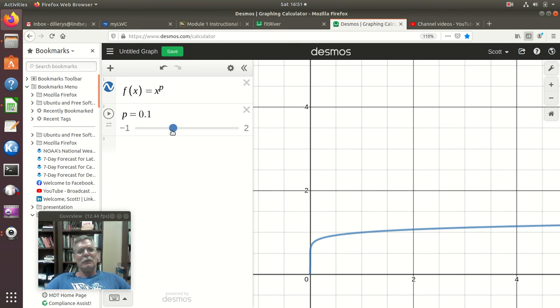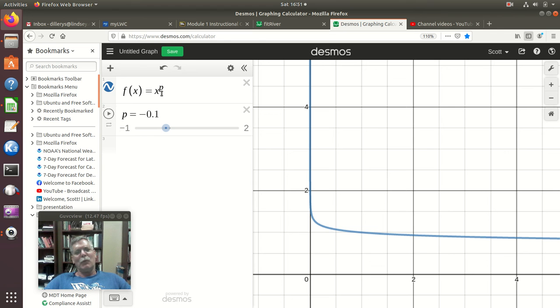And then when we get over here to negative, all of a sudden, well, a negative power, that means it's 1 over x to the 0.1, and we're not defined at x equals 0 here. So this is actually a vertical asymptote here, and the function's not defined there, and we get this basic shape like this.